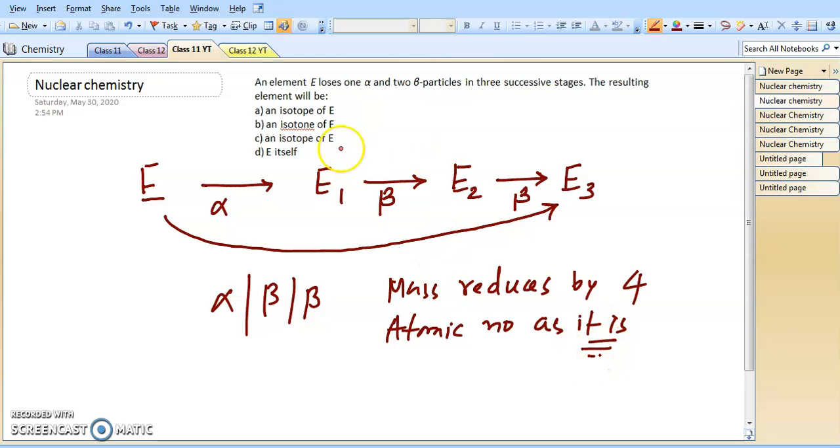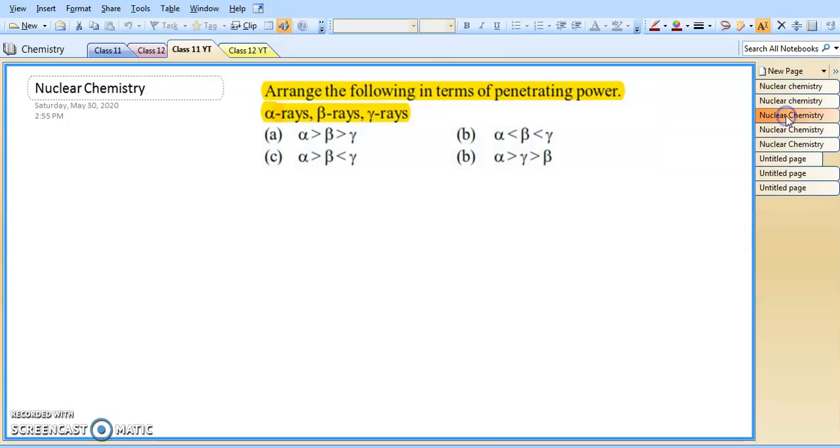So these will be nothing but what? Isotope of E. It is not E because A is reduced. It is not isotope. Oh, this might be isobar. One option might be isobar. So it is isotope of E.